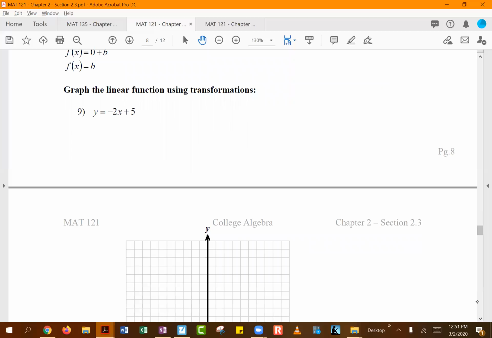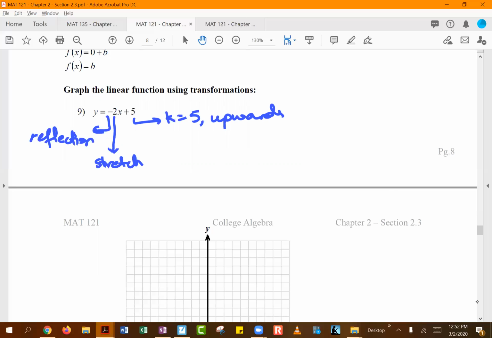You have the 2x, so the 2 gives us stretch or shrink? Stretch, because it's greater than 1, right? And then plus 5 will give you the vertical movement. Wouldn't the negative be your slope? Technically for a line, that's your slope, yeah. But since they're asking us to use transformations, we're not going to use the slope formula here. That's your stretch, and that's your k equals 5, which means you're moving upwards.